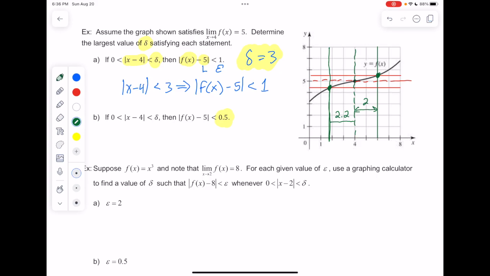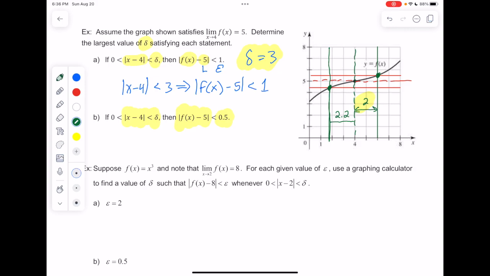Well, what should we choose for our delta if you could go as far as 2 units to the right to achieve the goal, or as far as 2 units to the left? Well, if you want to play it safe and you want to make sure that whenever the absolute value of x minus 4 is less than delta, that you know that the absolute value of f of x minus 5 will be less than 1/2, then you better make the delta the smaller of the two numbers, so I would go with that one.